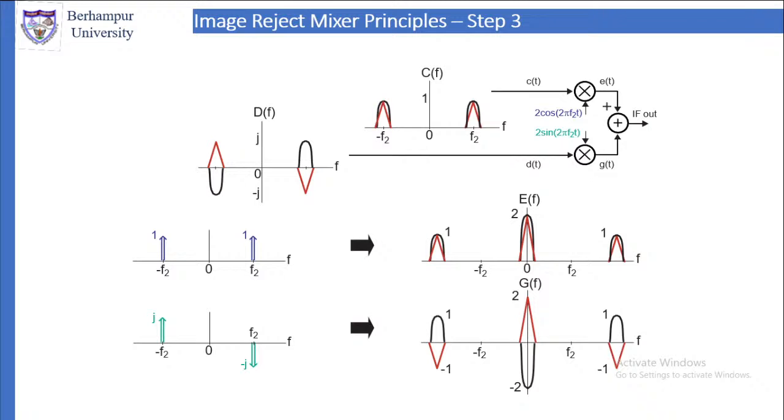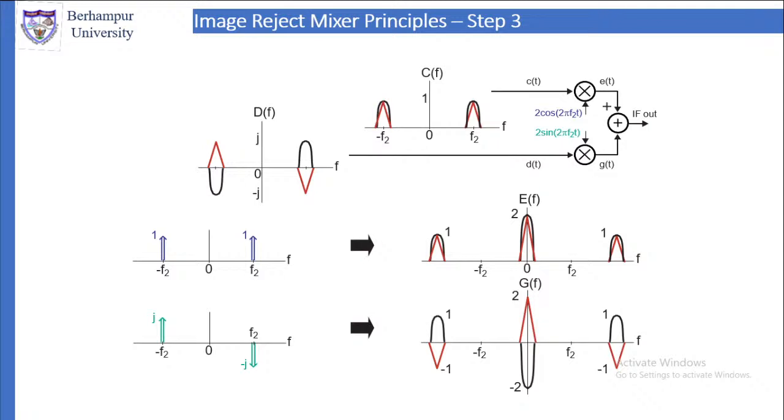Then look at the G, where you give D to the G sin omega t. That will again give us the spectrum shown in the bottom. In the bottom spectrum, you can see the image is in the upward direction and the desired signal is in the downward direction. Now we will subtract G from E. If you subtract G from E, then the image will be subtracted, whereas the desired signal will be added.